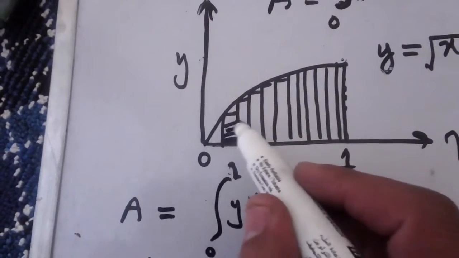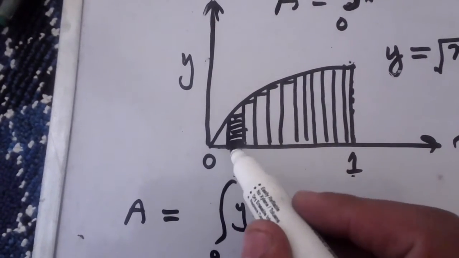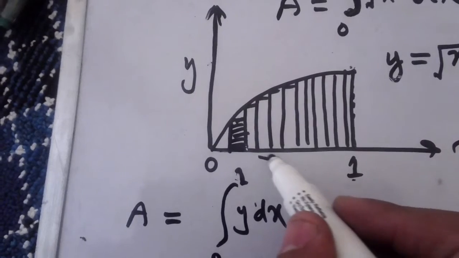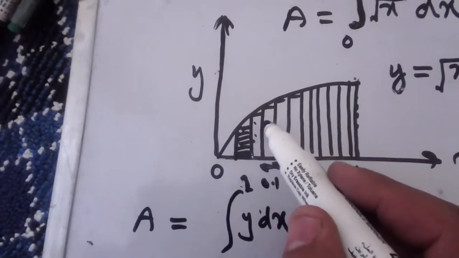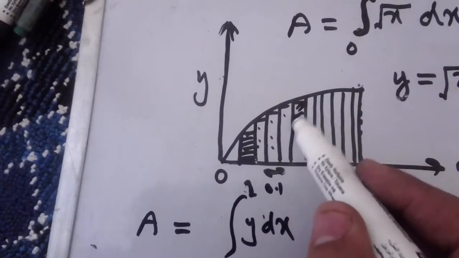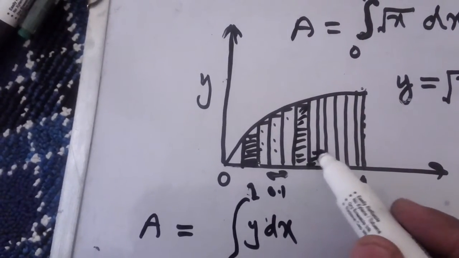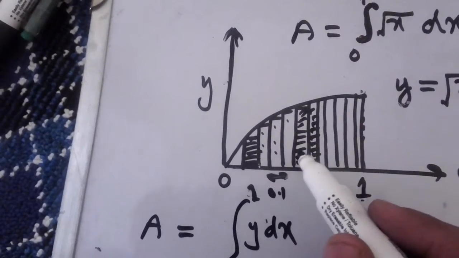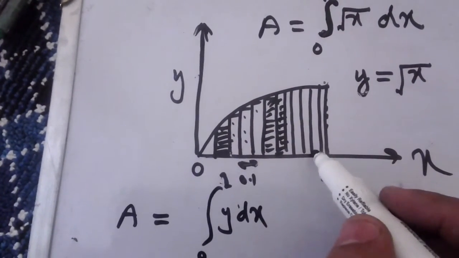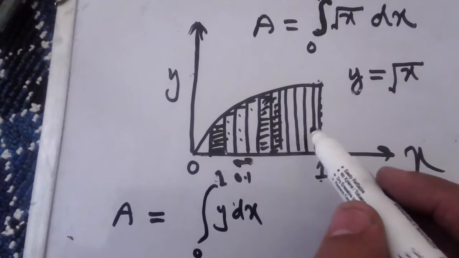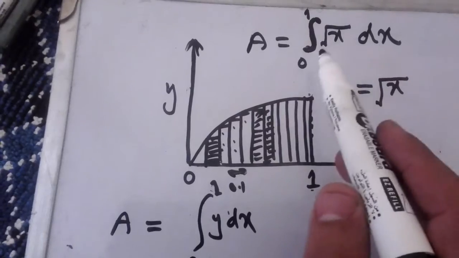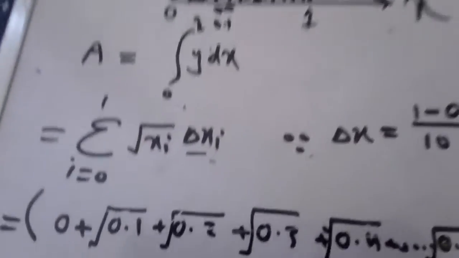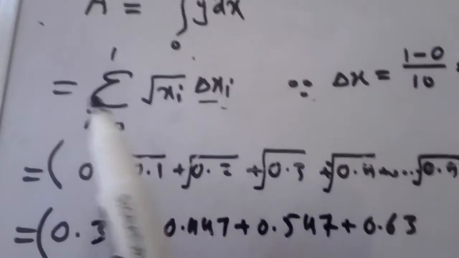First we multiply this height with delta x, which is equal to 0.1, and then calculate the area of the first rectangle, second rectangle, third rectangle, of all segments. At the last we add all these rectangles to get the whole area under the curve. This area will be equal to the integration of square root of x dx from 0 to 1. To find this area it takes about 2 minutes.